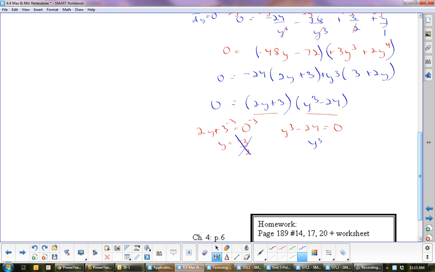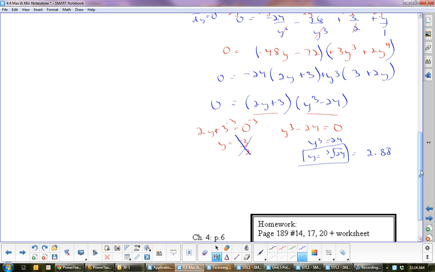This one, y cubed equals 24. y is the cube root of 24, which is 2.88 to 2 decimal places. I could simplify this more, there's an 8 in there, but I'm going to leave it right now because it actually only asks for the hypotenuse, and I don't have the hypotenuse yet.